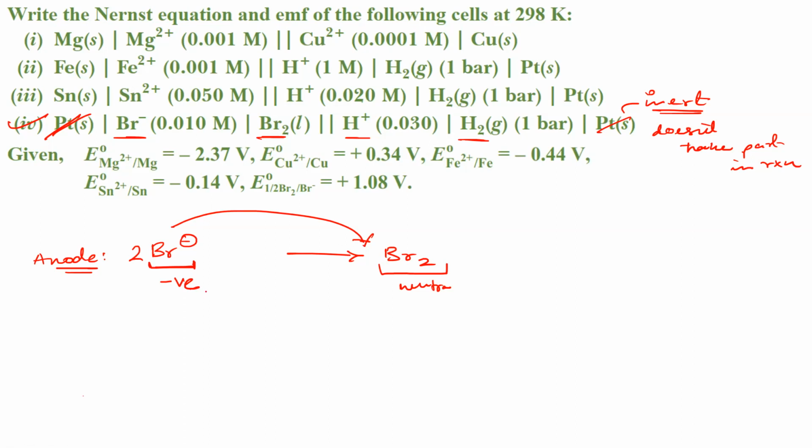Okay, now you tell me, if I have to go from negative to neutral, should I remove negative or add negative? Remove negative. If I have to remove negative, then what is the charge on an electron, positive or negative?